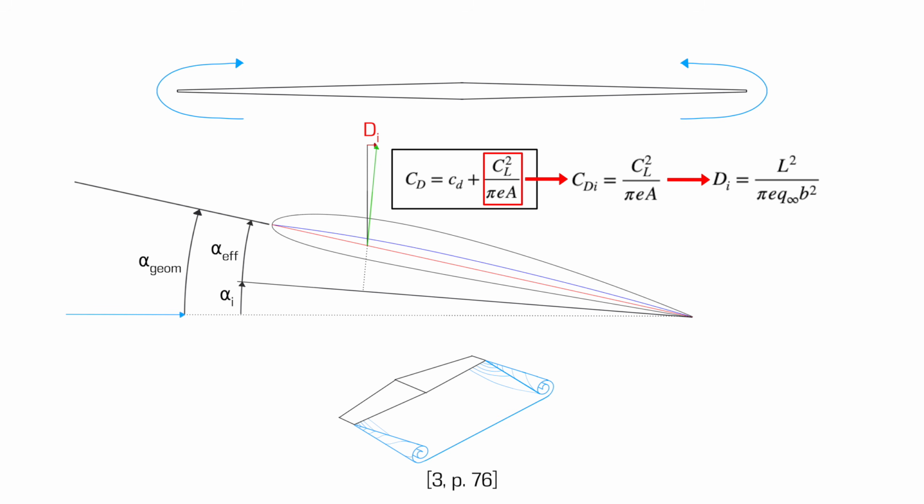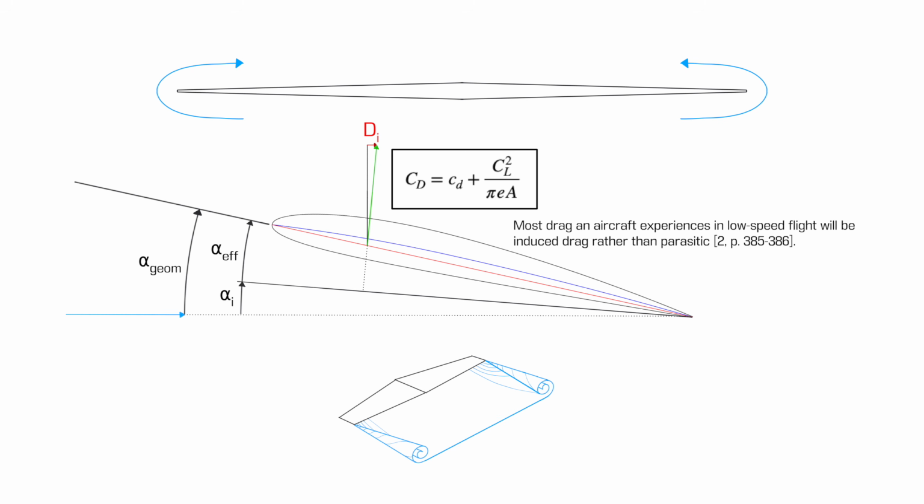However, if the wing area is kept constant while changing the wingspan, then it is not unreasonable to state that the aspect ratio has an effect on induced drag. With that said, we can see that a higher lift coefficient will generate significantly more induced drag, and a higher aspect ratio wing will generate less induced drag.